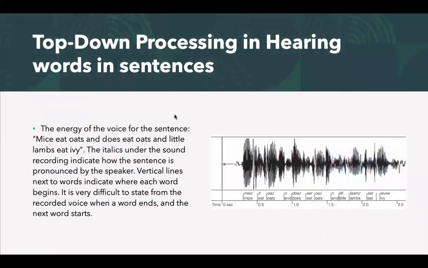Another example of top-down processing can be found in influences on speech perception. Speech perception occurs, for example, when a person sits in a restaurant listening to people speaking a different language, like Spanish, at the next table.